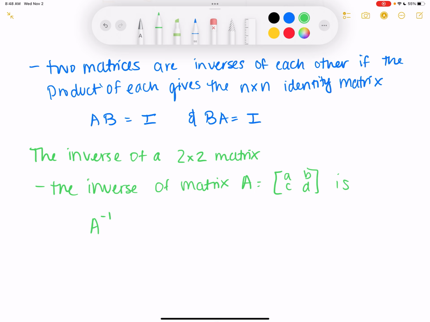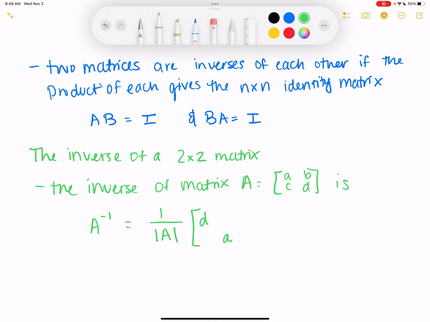It's the same thing as 1 over the determinant of A times the matrix where the main diagonal flips, so it's going to be D, and then A is going to be on the other side. Those two things flip, B and C stay where they are, but they change sign. If they were negative to start with, they become positive.